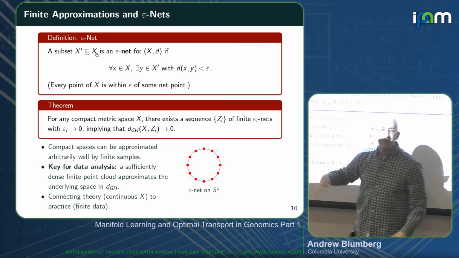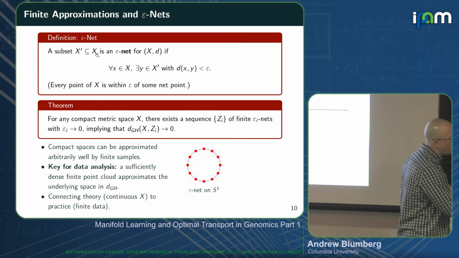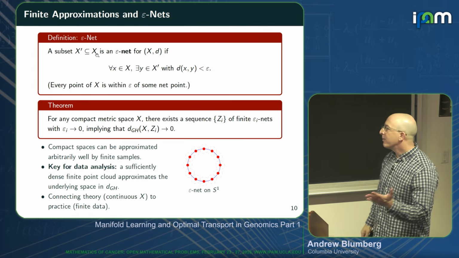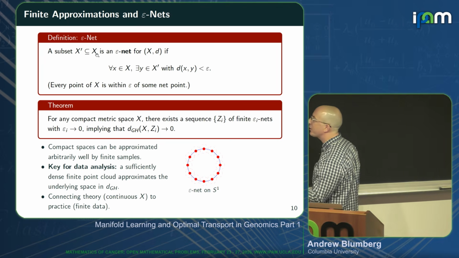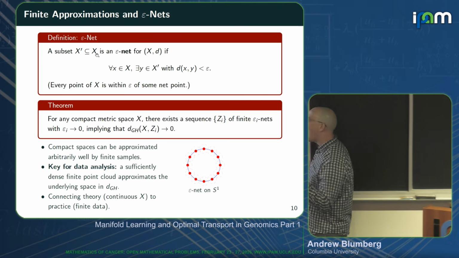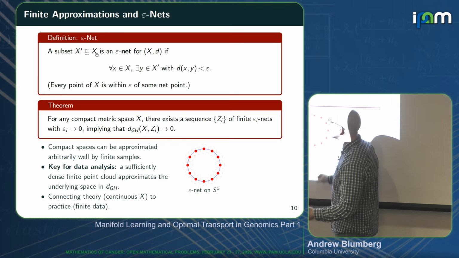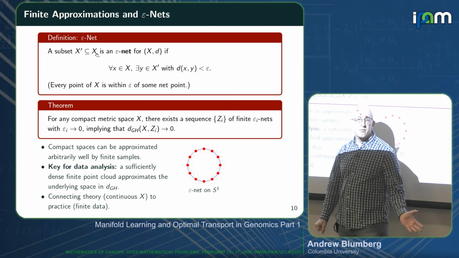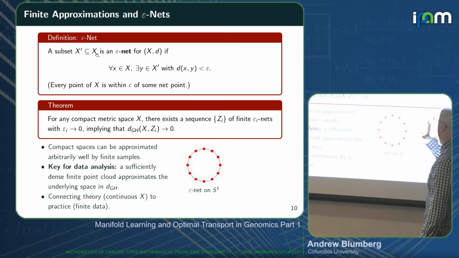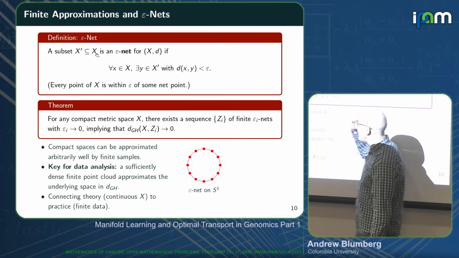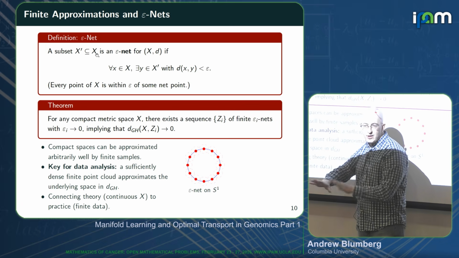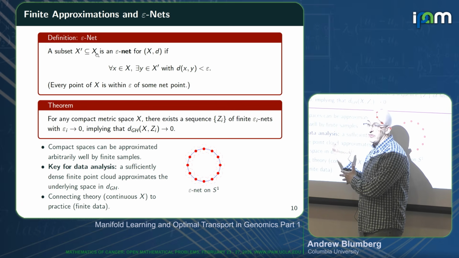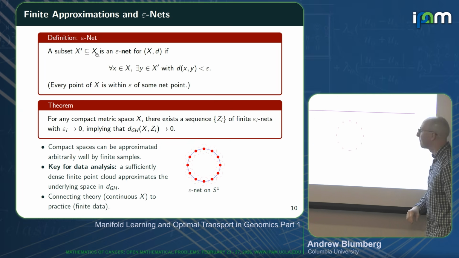And this is a sort of sanity check, because many of the theorems in geometric data analysis have very little to do with practice, except insofar as they give you sanity checks, right? This is saying, and the other things I'm going to say amount to saying, it is sensible to study these infinite underlying processes that we imagine are there in terms of finite samples. And this is a way of getting at that.